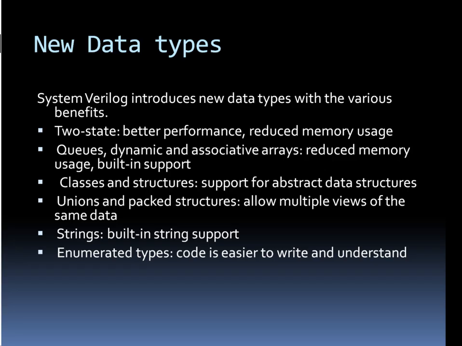We have two-state data types, four-state data types like logic, then queues, dynamic and associative arrays, classes and structures, unions and packed structures, strings, enumerated types like typedef and enum. We will discuss these things later. Today we will go through only two types, that is logic, which is a four-state data type, and the different kinds of two-state data types.